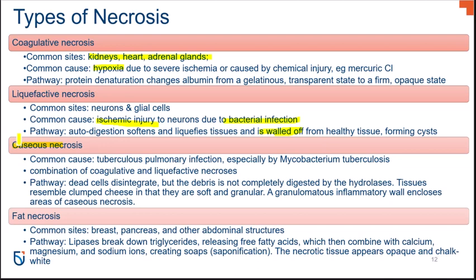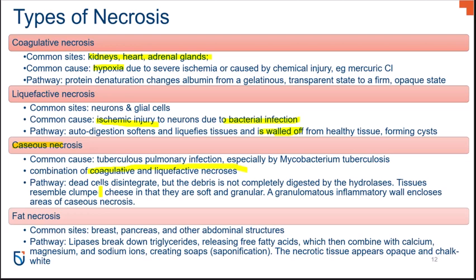So this type of necrosis is actually a combination of two types of necrosis, coagulative and liquefactive necroses. And so what happens is the dead cells are going to disintegrate, but the debris is not completely digested. Tissues will actually have this clumped cheese appearance.